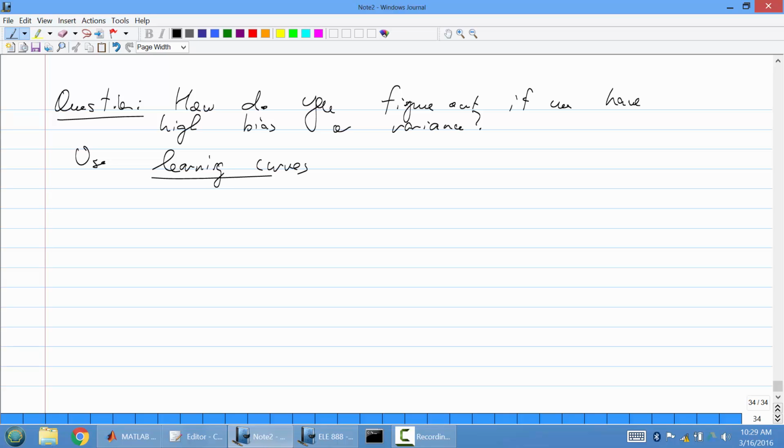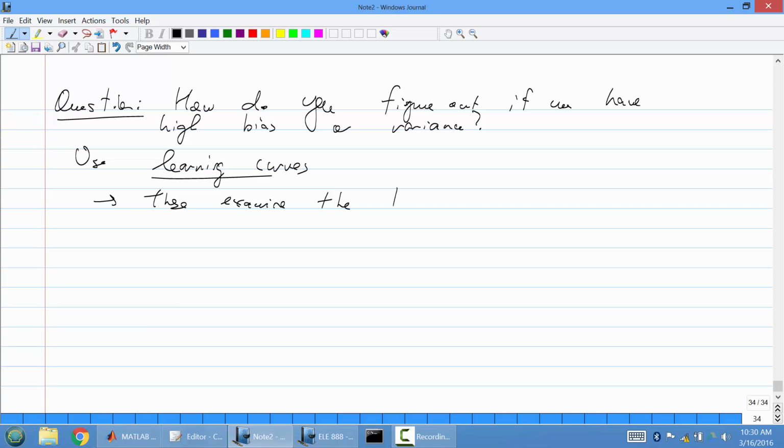What learning curves do is examine the cost function as you change the number of training examples for your training data set. So you're plotting the errors for the cost function of the training set and the cross-validation set, and you're trying to take a look at where the points converge. And depending on how these converge, it'll tell you what the system is undergoing, if it's high bias or high variance and so on.